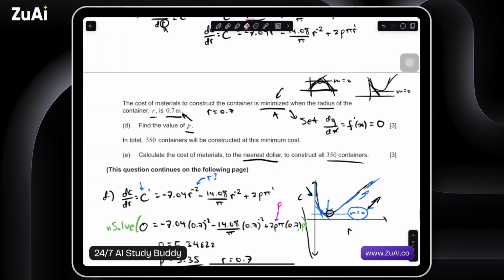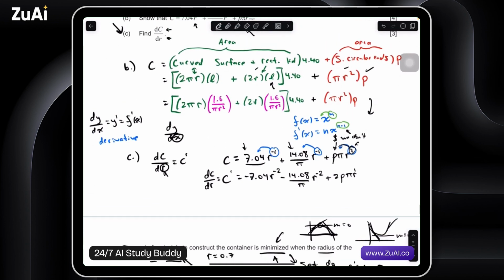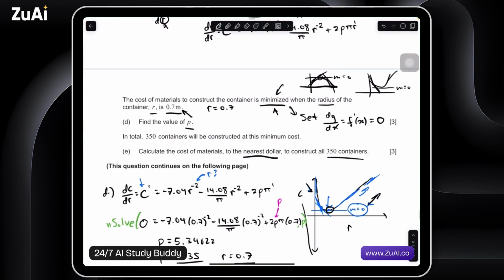Looking at this, find the value of P. If we know what the derivative is, hopefully this should be okay as well. Finding the point at which our slope is equal to 0. They're a fairly common kind of question, when is something maximized, minimized. So looking for those entry points is always a possibility.